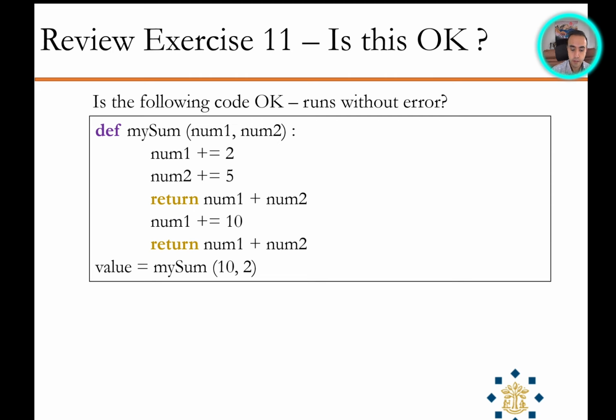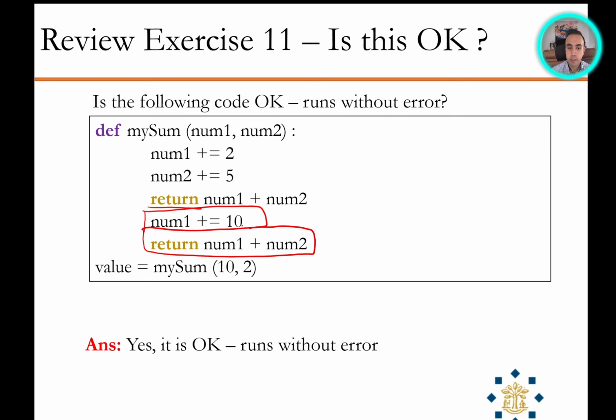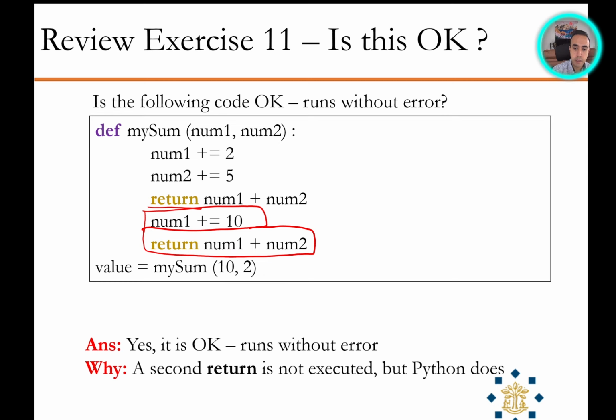Okay, so after return, we have 1 and 2 unreachable codes. But this is still okay. It's just that the second return is not executed. So they are both unreachable code, but you can still write a second return. Python doesn't show an error. It's just that they won't be executed.